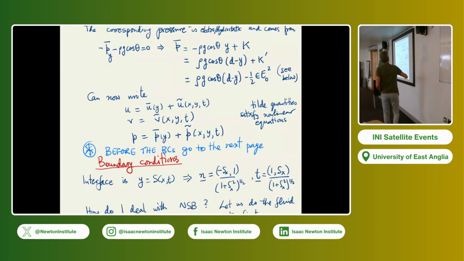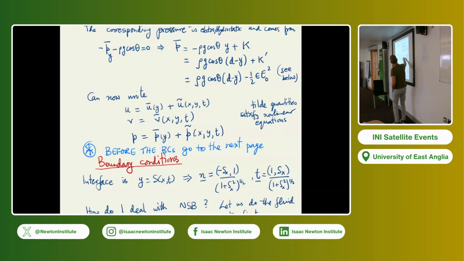A little detail: in the pressure there's also an electric pressure. That just comes from the fact that I have a difference in permittivities. So there will always be a pressure due to that, but that's a constant which I can just carry.